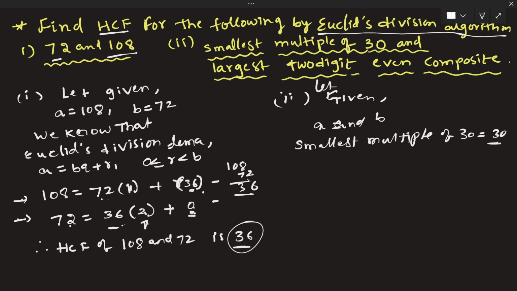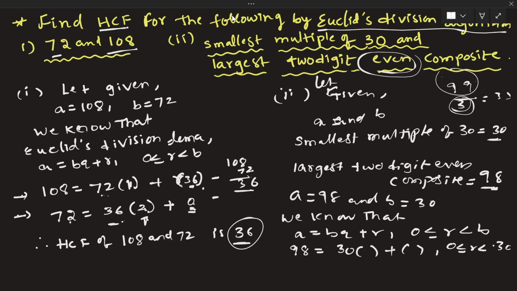And the other number is the largest two digit even composite. We know that a composite number has factors other than 1 and the number itself, that is, the numbers other than prime numbers are called composite numbers. Here the given value is the largest two digit even composite number.